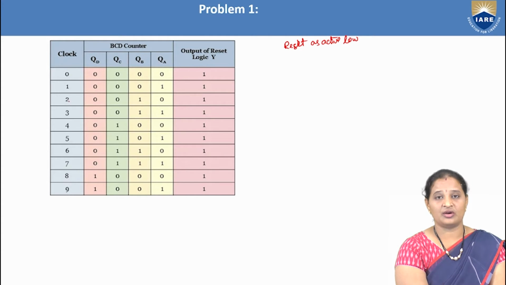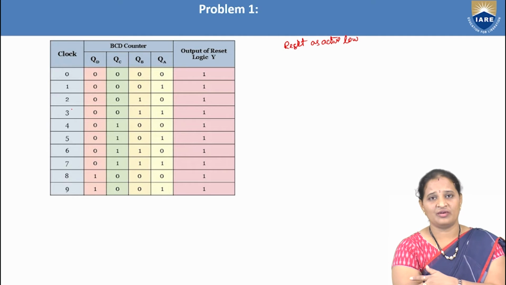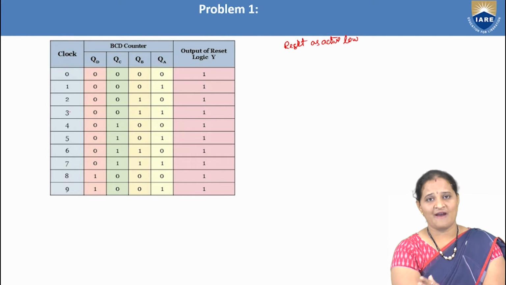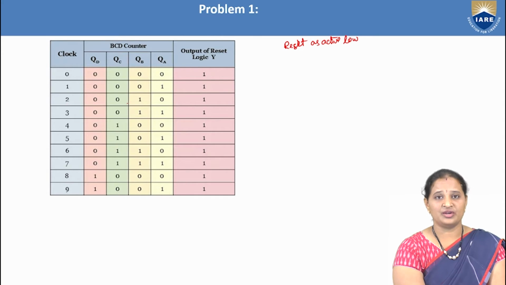Again, during the second clock pulse, either we can design a positive edge triggered flip-flop or a negative edge triggered flip-flop. Whichever is the case, for the second clock pulse, the state of the counter will change to 0, 0, 1, 0.